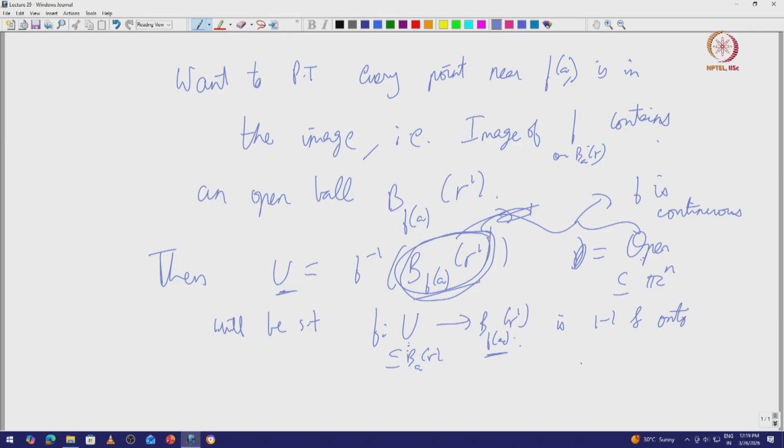So it is 1 to 1 and onto an open set, which means f inverse exists. In fact, the proof will then show that f inverse is also continuous, and then we'll prove that f inverse is C1 and so on and so forth. So this is, if you wish, the most delicate part of the proof.